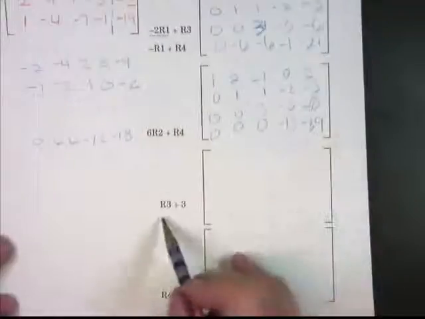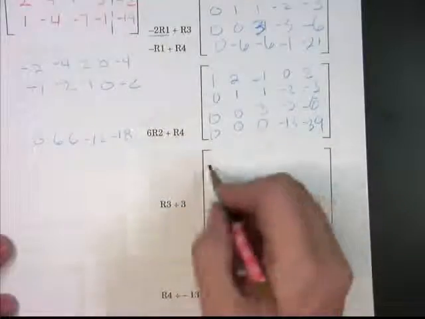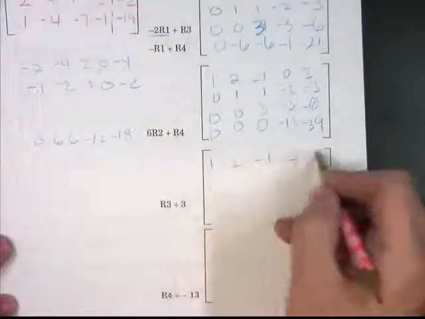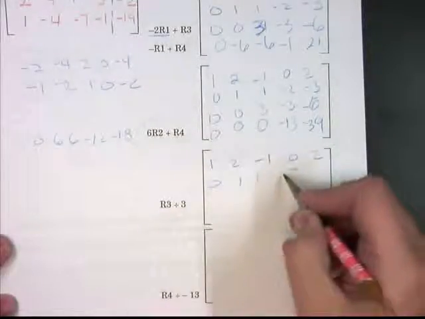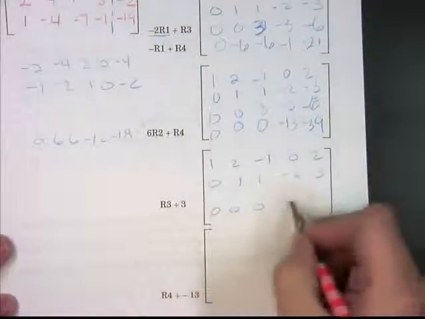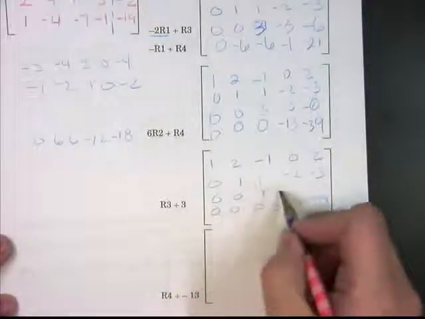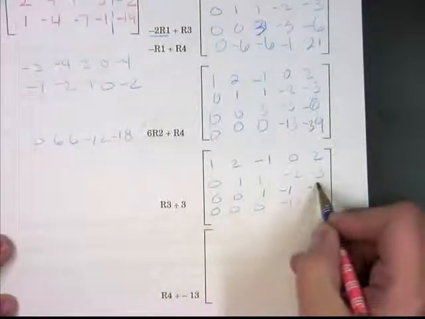So we're getting closer. We have some 1s and we have some 0s. If I take row 3 and divide it by 3, row 2 doesn't change. Row 1 and 2 don't change. 4 does not change. 3 becomes 0, 0, 1, negative 2.